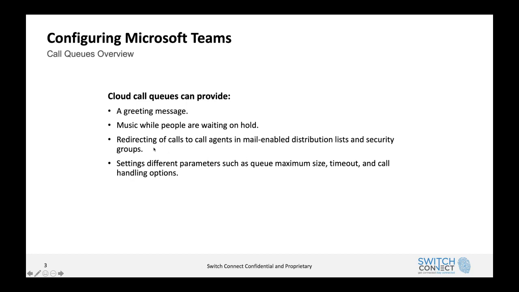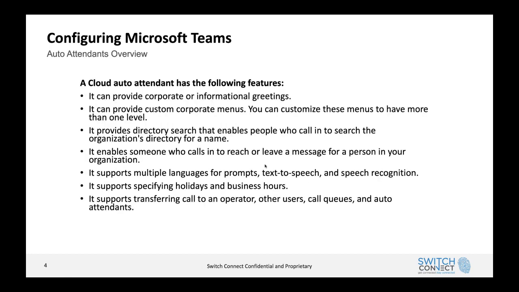One of the cool features is you can add a greeting to the beginning when they jump in that call queue. While they're on hold, it will play them music on hold. And then you can redirect those calls to users. And then there's a bunch of parameters you can set, like what happens if max size, timeout, and call handling options.